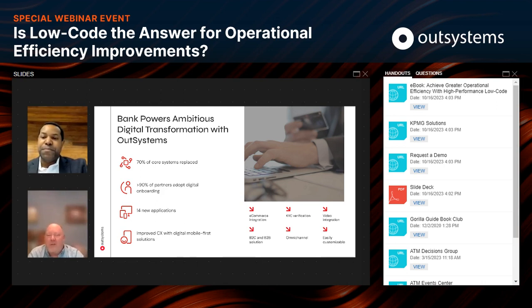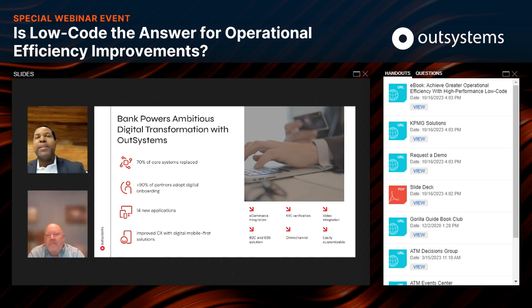And I think that's one of the things that I got excited about when I was looking at OutSystems before I even came to work here, was just the number of possibilities and the ways that you can apply the platform is really pretty extensive. Any other use cases or customer stories that you want to share?